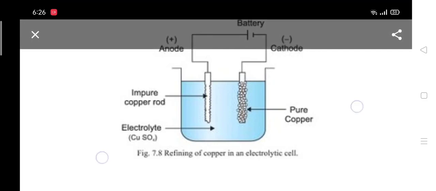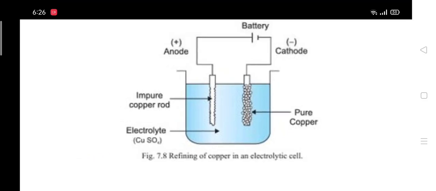You can see the impure copper at the anode, and pure copper is present at the cathode.